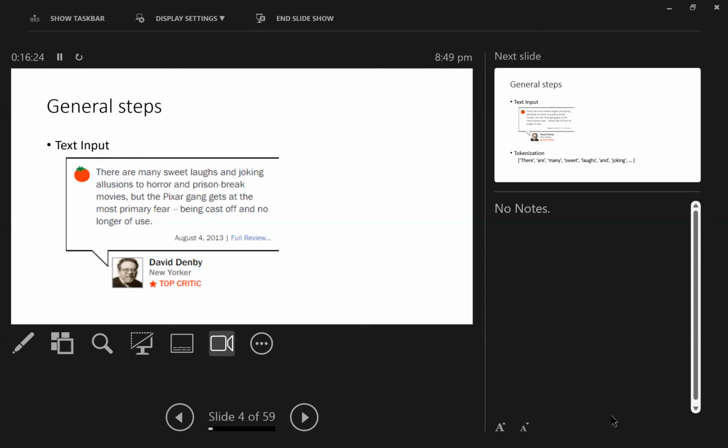Okay, but let us do first things first. Let us look in general at how to make use of what we know in order to do some sentiment analysis. And here is an example.